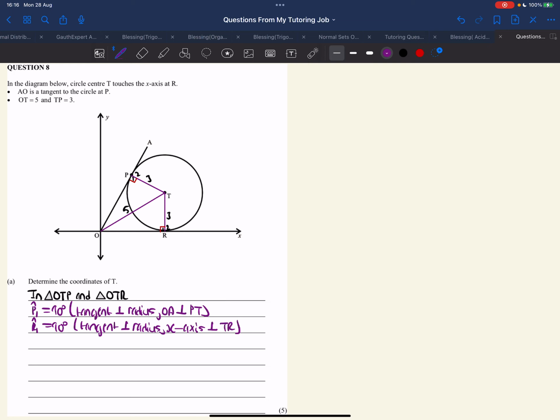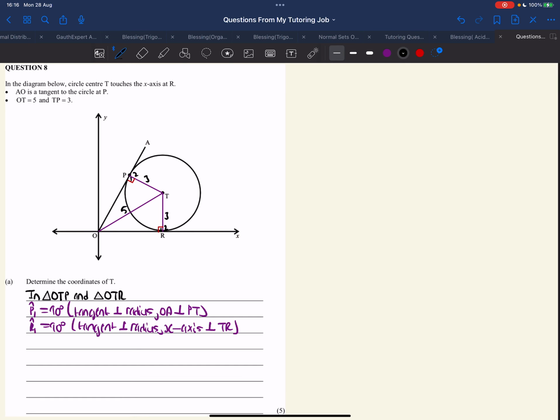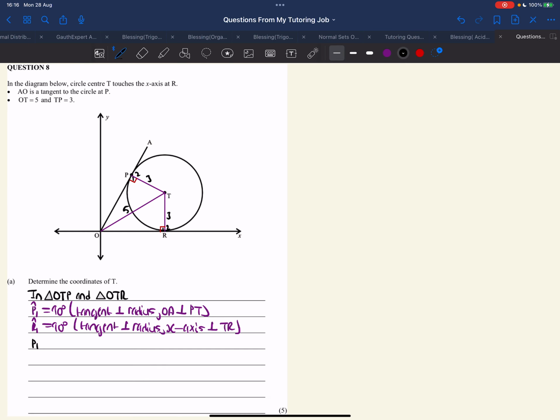All right, now I can say that P1 is equal to R1, and the reason is that both equal 90 degrees.